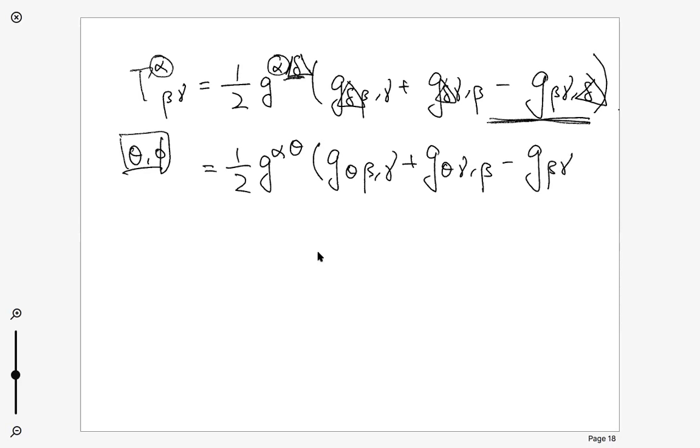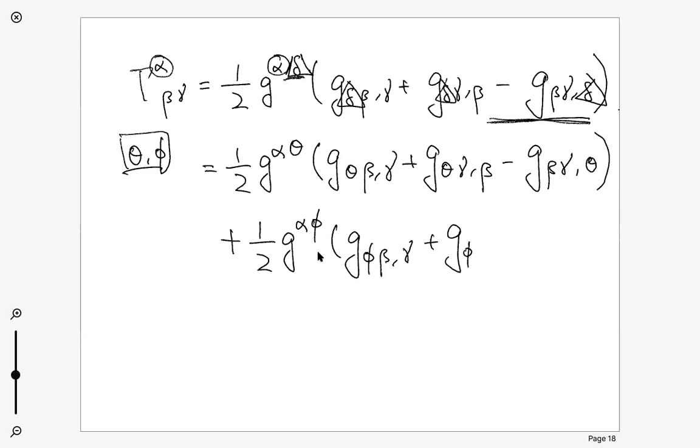Beta, gamma, and then this is theta. But the summation has not ended yet. We have just done the theta part. We still have the phi part. So we should have something like this. Phi, beta, gamma. Again, we replace with phi, and keep the gamma and beta. Beta, gamma, and phi here. Something like this, right?